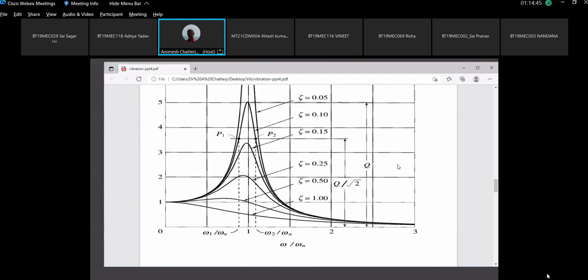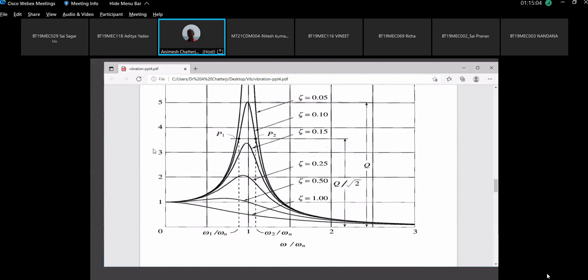This graph is very important. Actually, I haven't mentioned, this is why it is 1. Because the vibration amplitude has been divided by static deflection. So this is not vibration amplitude.